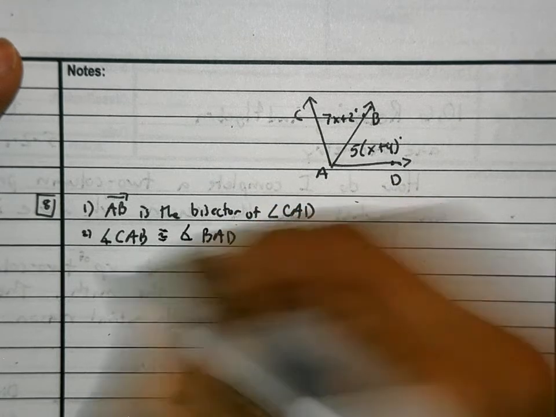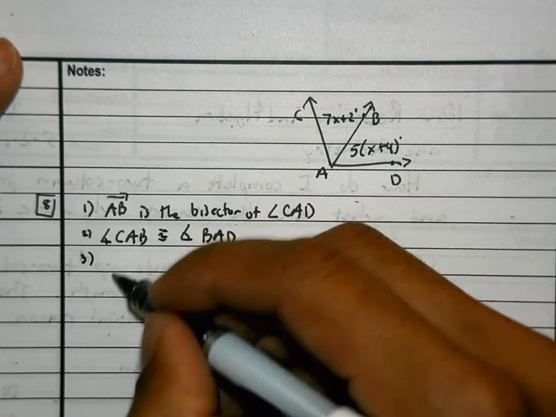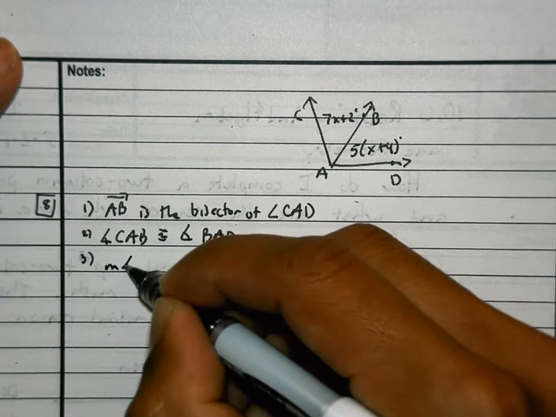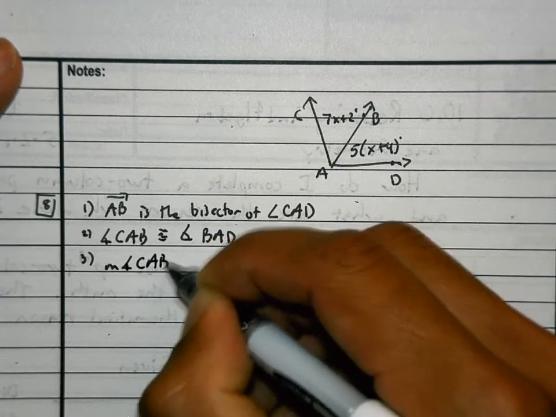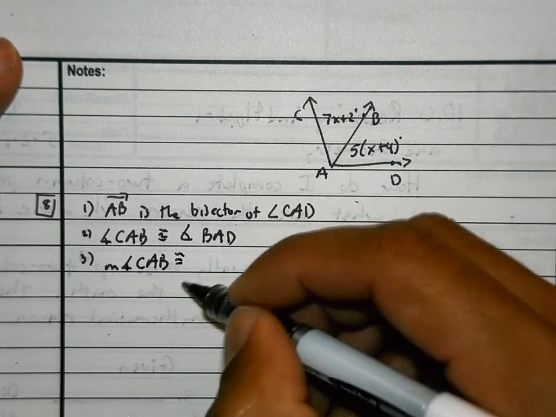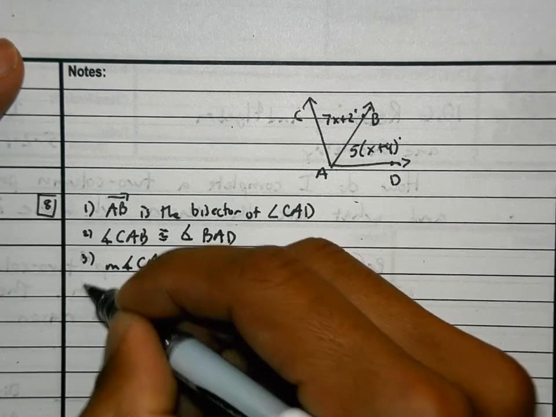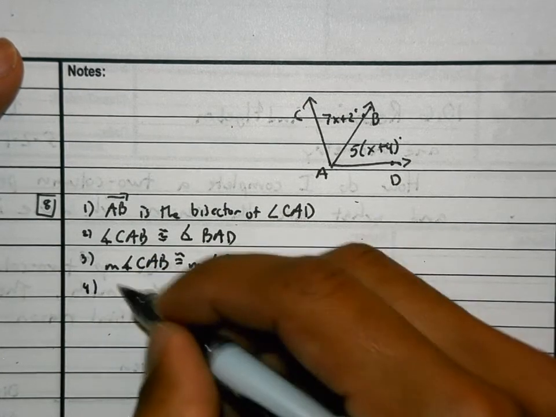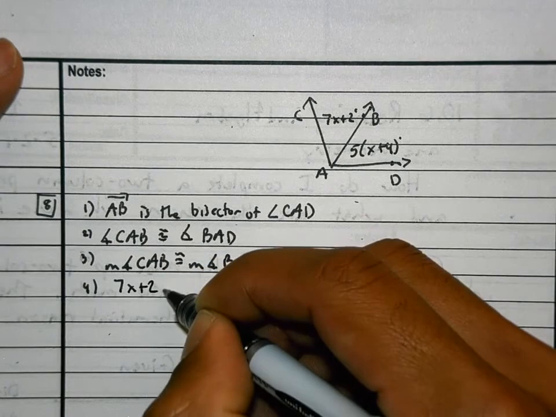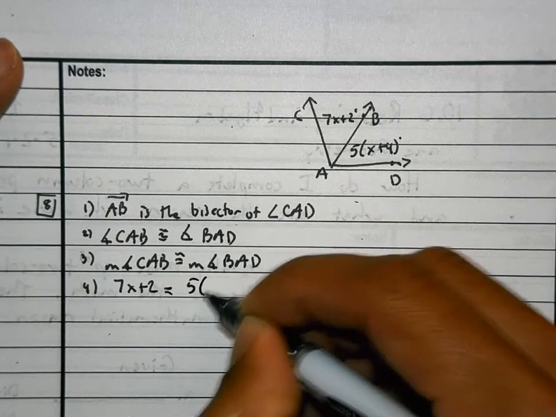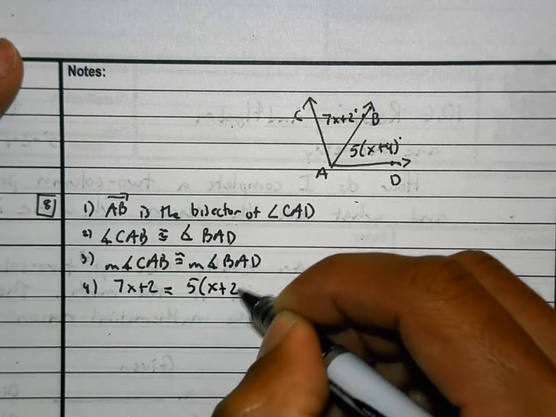Number 3 says the measure of angle CAB is congruent to the measure of angle BAD. Number 4 says 7x plus 2 is equal to 5 parentheses x plus 4 plus 4.